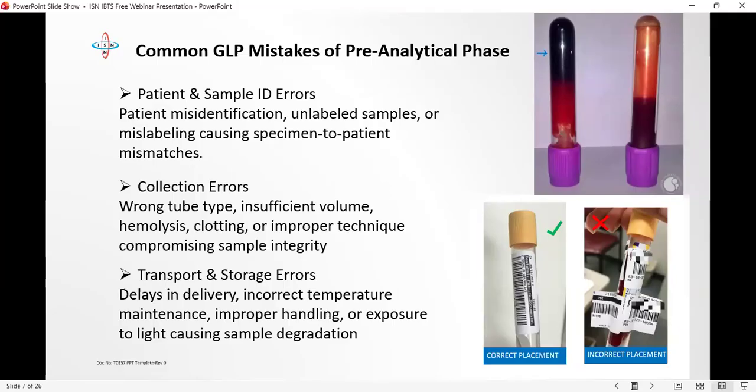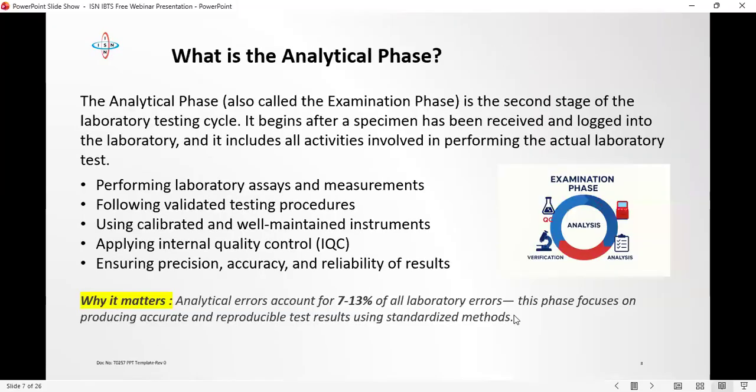Incorrect temperature maintenance: when specimens are being transported, most specimens should be transported within the right temperature, right? But when these temperatures are not properly maintained, it can cause an issue, okay?